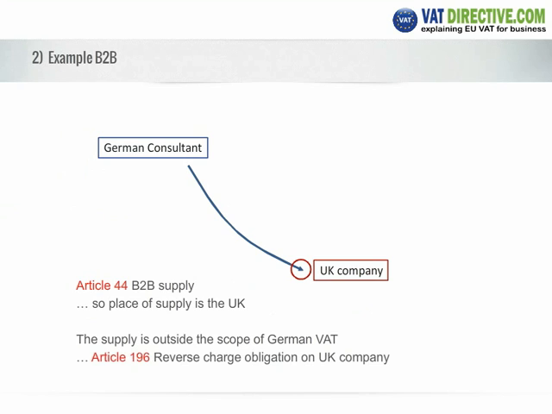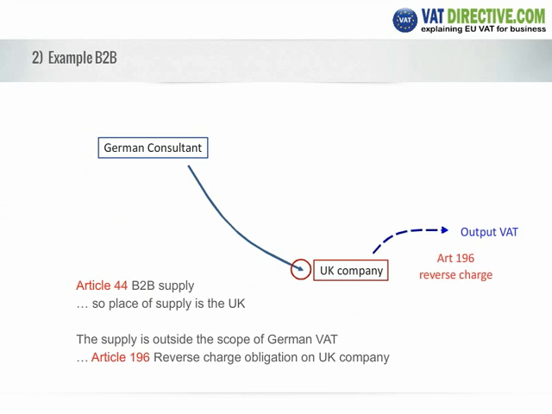What does happen is that Article 196 of the Directive states that there must be a reverse charge obligation on the UK company. What is this reverse charge obligation? Reverse charge is that the recipient, in this case the UK company, must account for output VAT on their purchase. That is the Article 196 reverse charge.